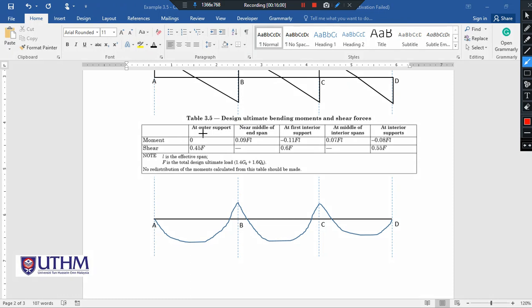The first one is at the outer support, and this is the other outer support, which is equal to 0. For the near middle of the end span, AB and CD are the end spans. Thus, the middle of the end span, 0.09 FL, is at this point. This is the maximum value for the end span.